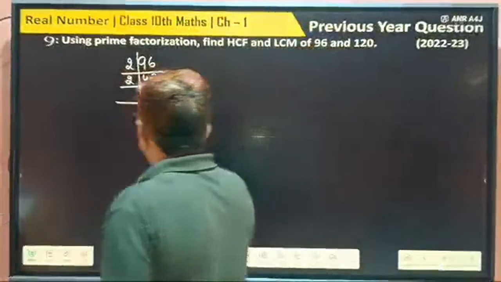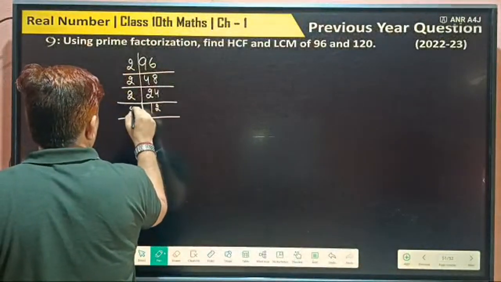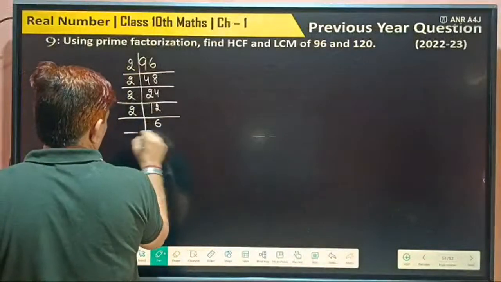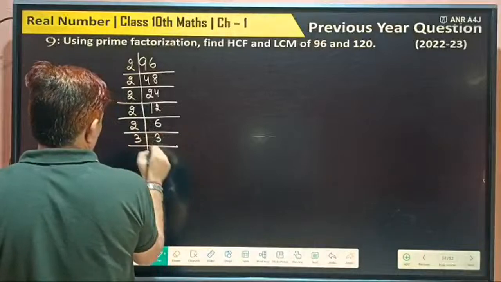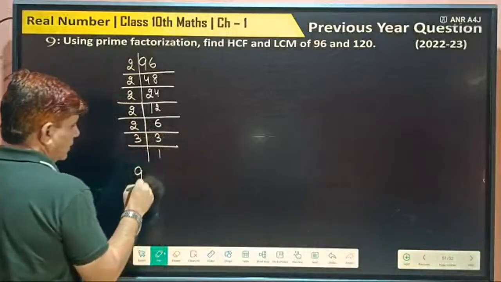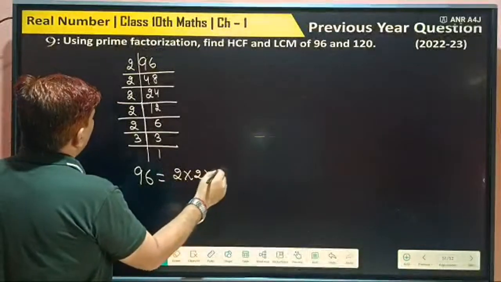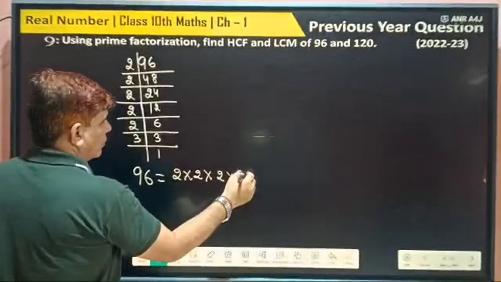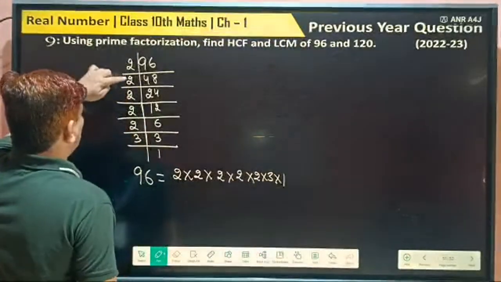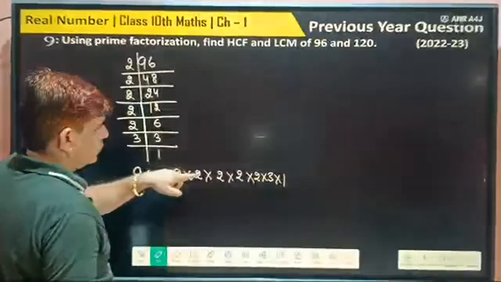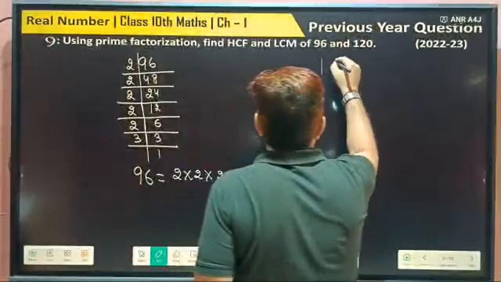So 96 divided by 2 is 48, then 24, 12, 6, 3. So 96 is 2 into 2 into 2 into 2 into 2 into 3, that is, 2^5 into 3.